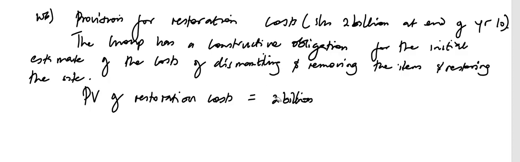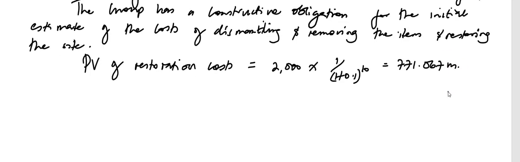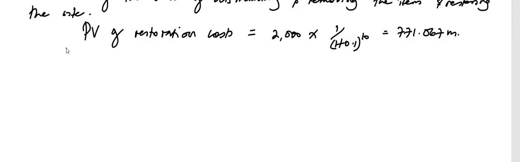Let me use millions because my amounts are in millions: 2000 times 1 over 1 plus 0.1, because that was the rate, to the power 10. My calculator gives me 771.067M. That's the PV of the restoration costs. So what are the adjustments required?